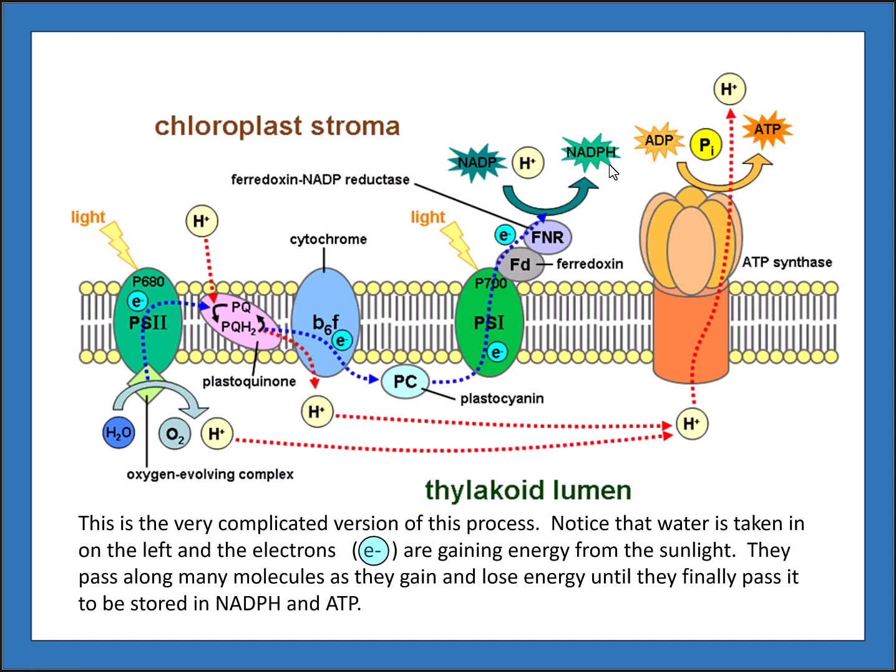So again, this is why we're not getting into all of the different molecules involved in these photosystems, because it is quite complex. If you know that light and water is coming in here and that oxygen is being released from photolysis and these electrons are being energized by light and passed along molecules to give off these two products, that's pretty much what you need to know from this image.